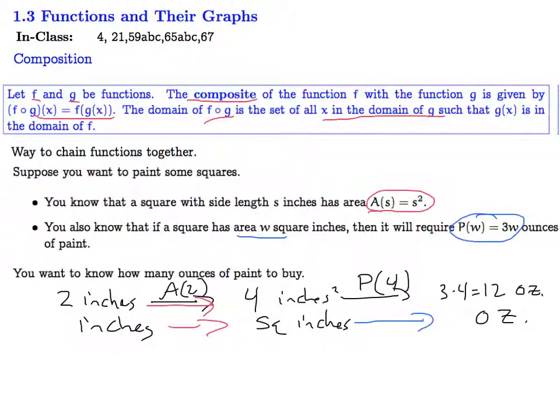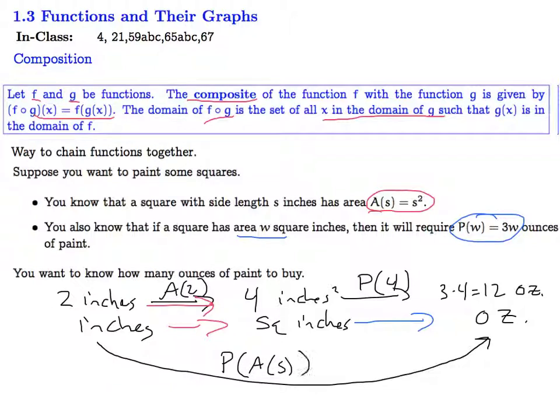And what we're going to do is compose these functions, that is, put them together in order to get one big function that goes right away from inches all the way to ounces. And this is going to be the p of a of s function. This function is going to end up being 3 times s squared.